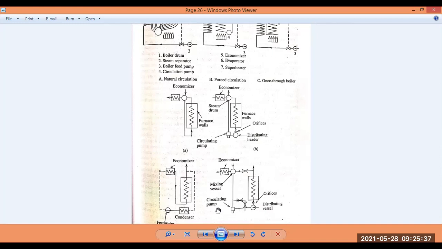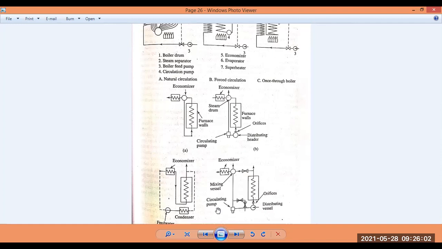So the water in the downcomer, being total water with a higher density and thus higher weight, goes down. It goes down to make the circulation possible and creates a density differential. This density differential between the water in the downcomer and that in the riser helps the circulation.